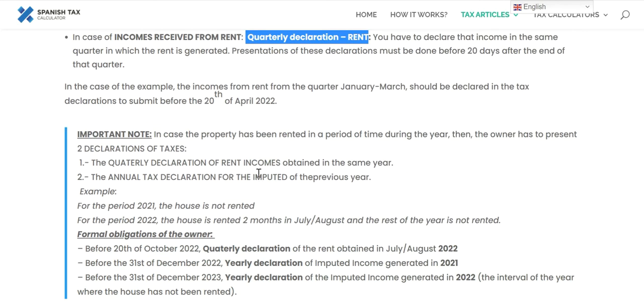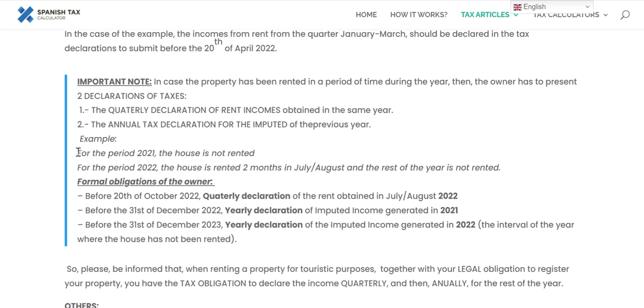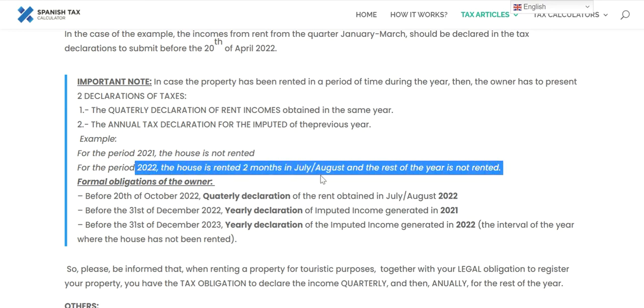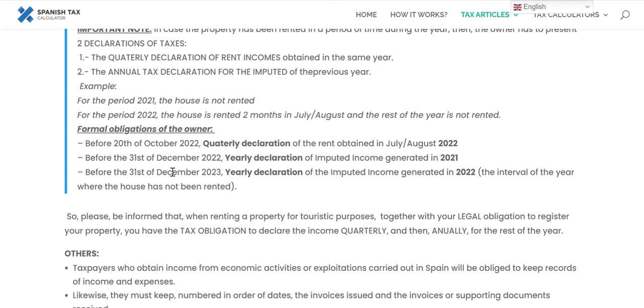So, for example, in case a house in 2021 is not rented, and then in the year 2022 the house is rented for 2 months, in July and August, and the rest of the year is not rented, the formal obligations of the owner of the property are the following. Before the 20th of October 2022, which is 20 days after the quarter in which the rent is generated, the owner has to present and pay the taxes for the rent generated in July-August.